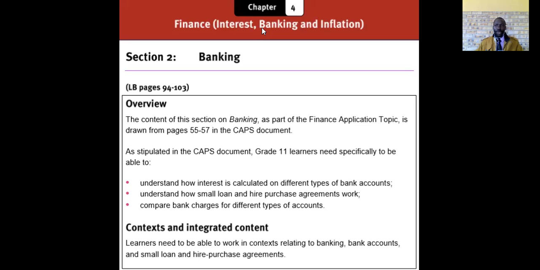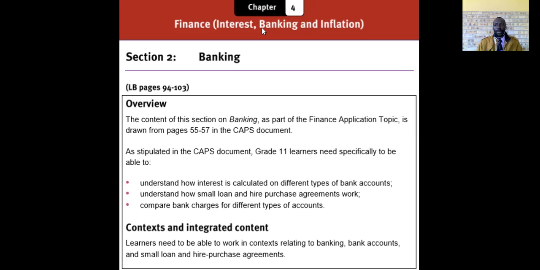So you see, we are still looking at calculation of interest even in this section of banking.